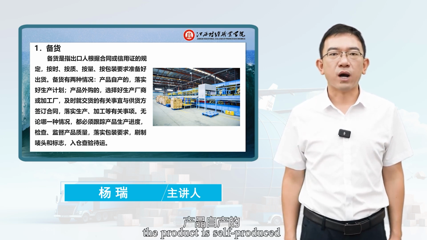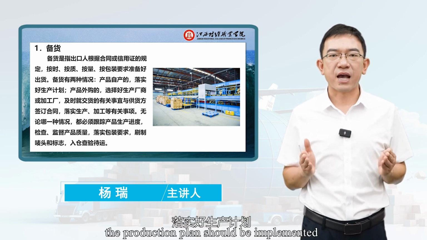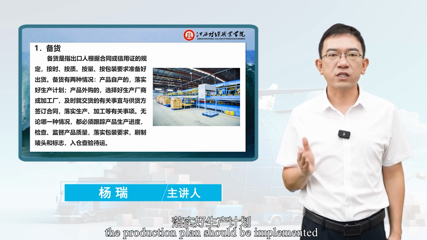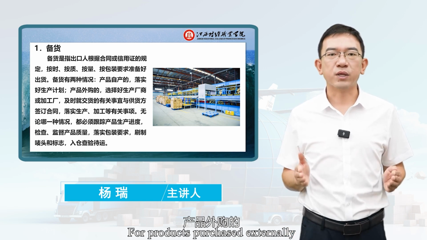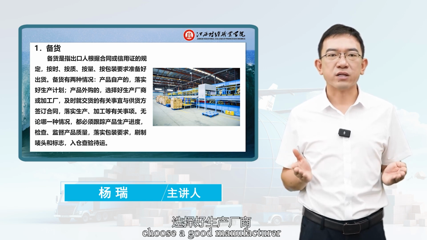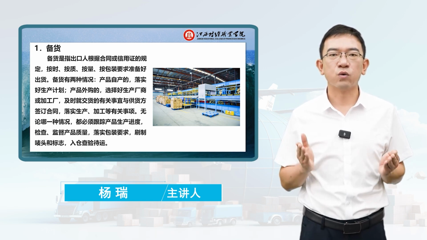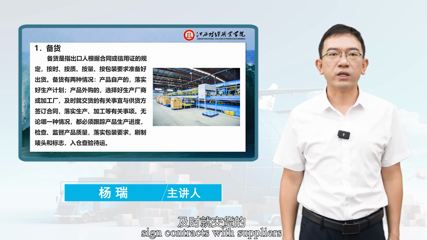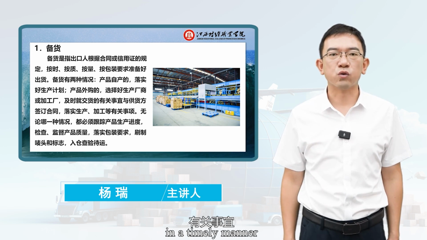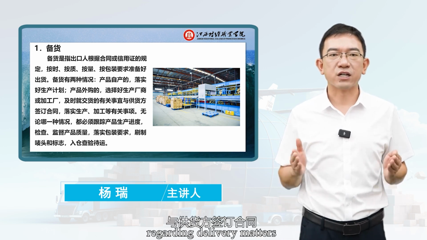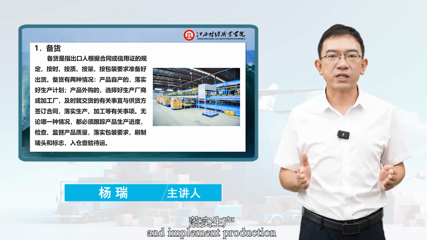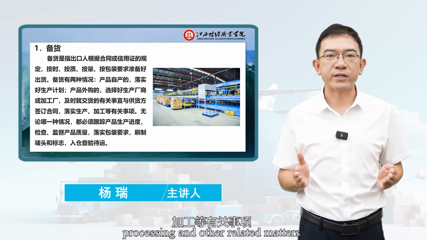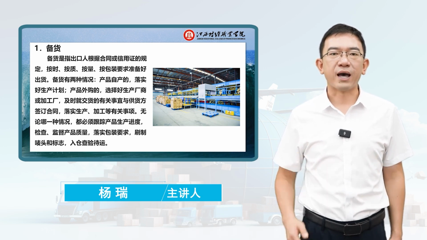If the product is self-produced, the production plan should be implemented. For products purchased externally, choose a good manufacturer or processing company, sign contracts with suppliers in a timely manner regarding delivery matters, and implement production, processing, and other related matters.